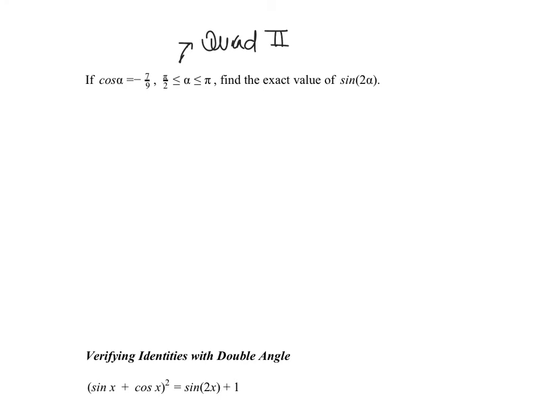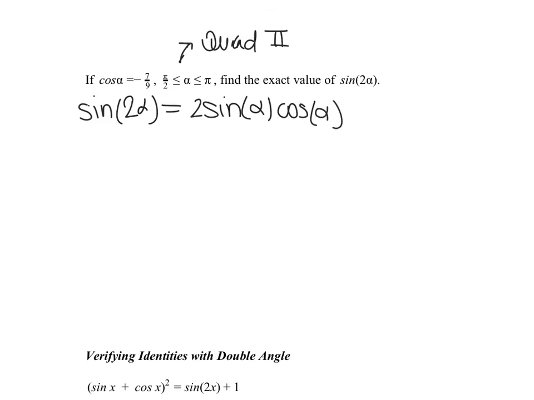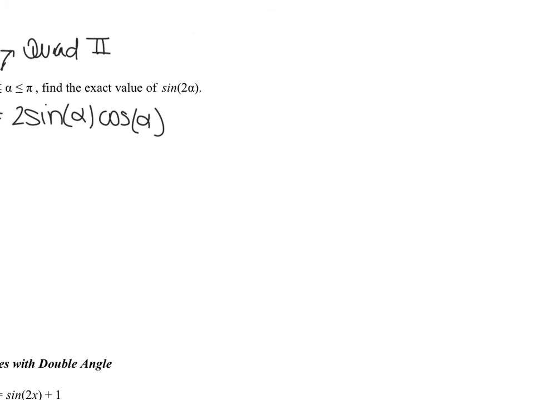So let's first write out our identity for sine of 2 alpha, which is 2 times sine of alpha times cosine of alpha. So not only do we need to know cosine of alpha, we also need to know sine of alpha. So over to the side here, I am going to use the Pythagorean identity to help solve for sine of alpha.